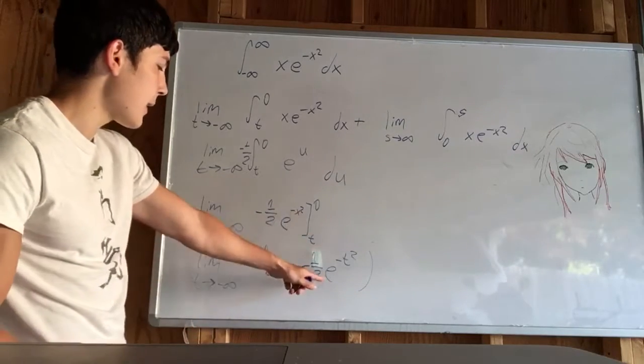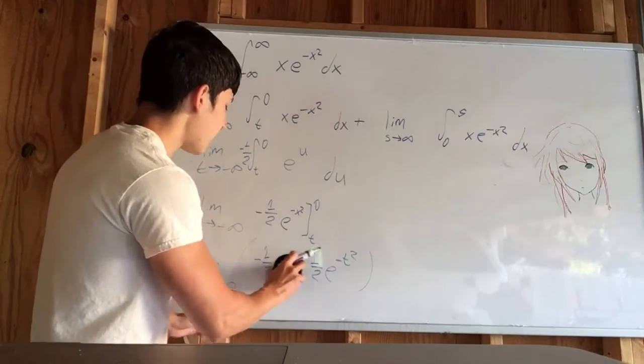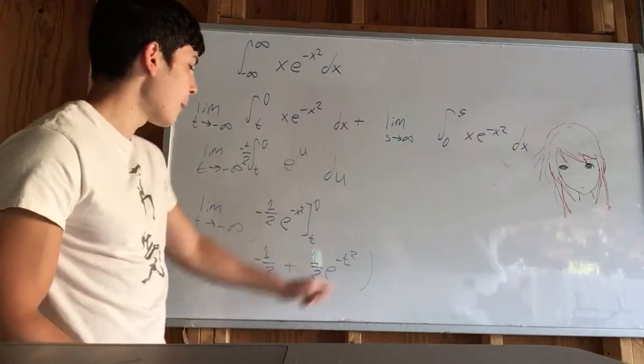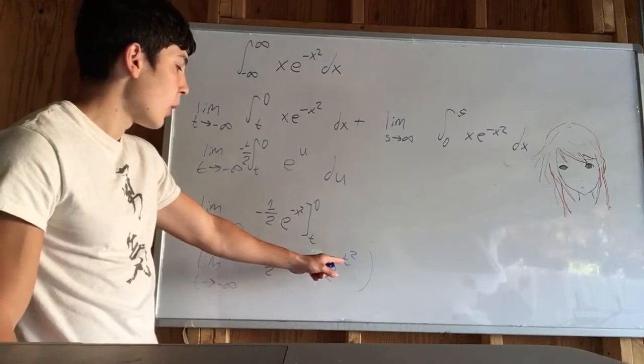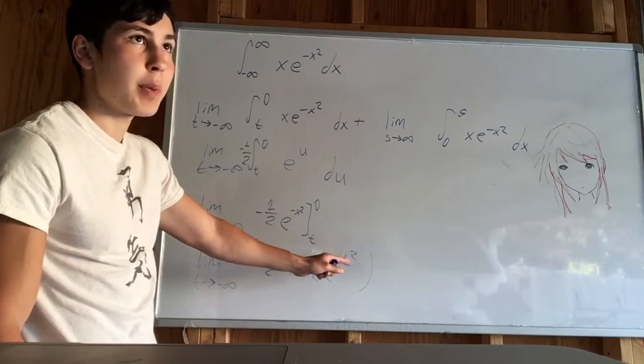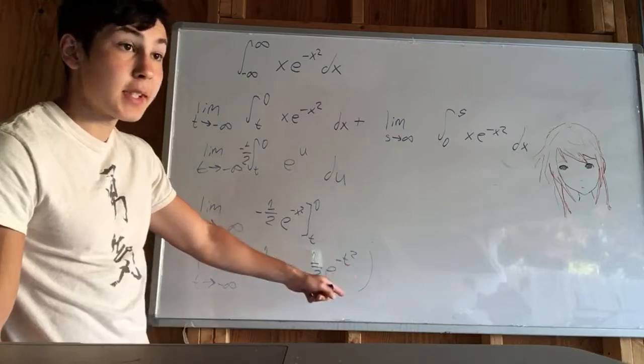But we apply it to this side, and we get, first of all, this is addition because we have two negatives. We apply it here, and what happens? Well, we have negative infinity squared. That gives us a positive infinity, but then we still have a negative. It gives us a negative infinity.